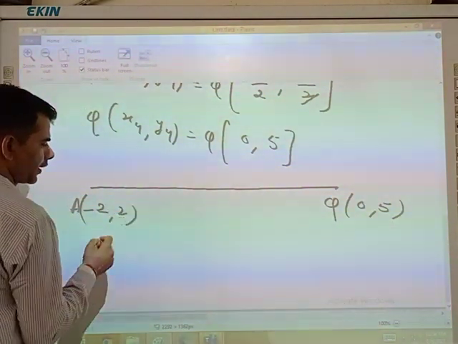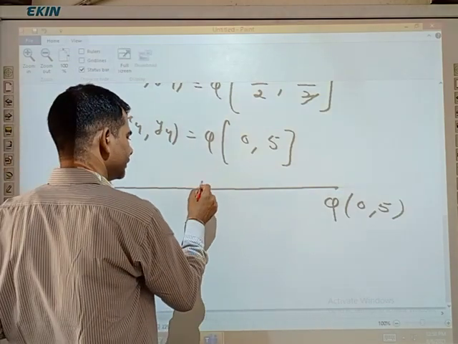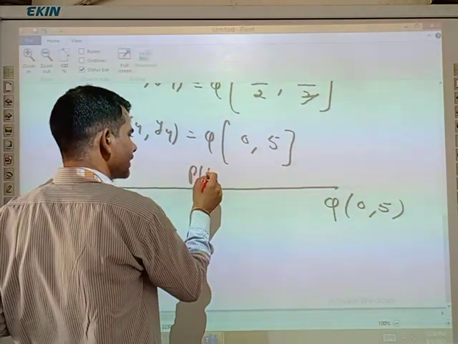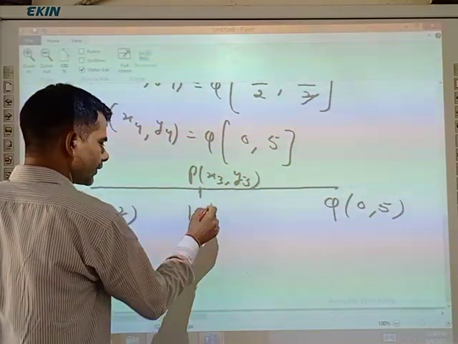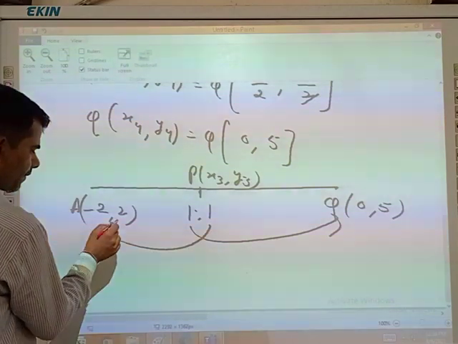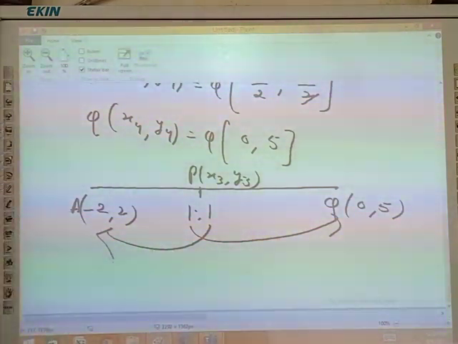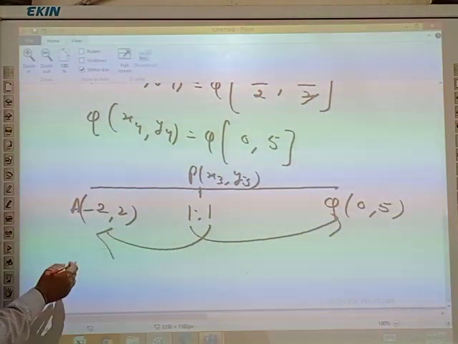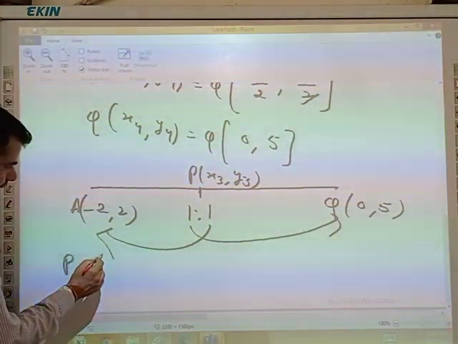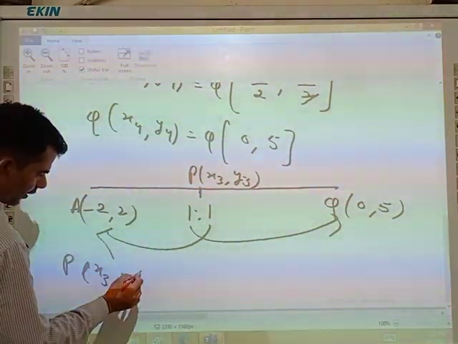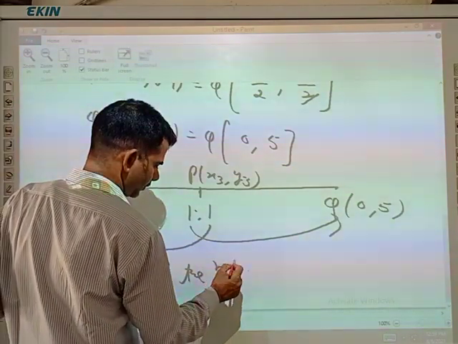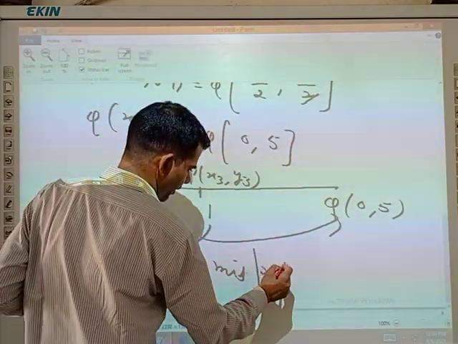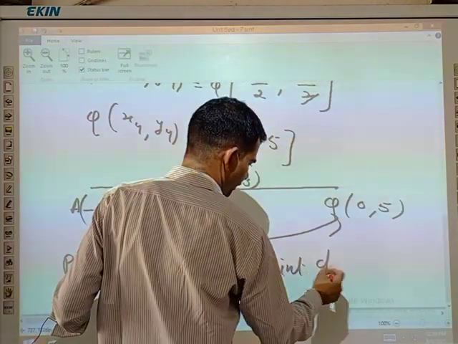And this is your point P (x3, y3). That is 1:1. P is the midpoint of AQ.